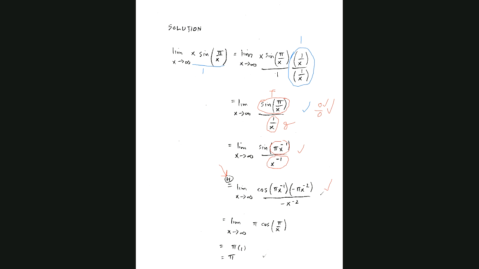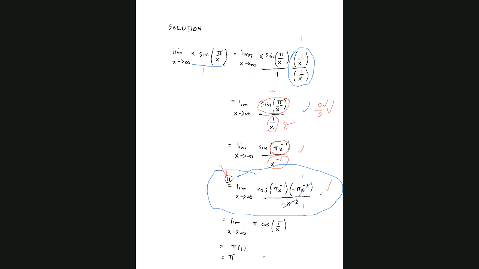Things cancel out. That's right, Colomb. The x to the negative second simplifies with the other x to the negative second.